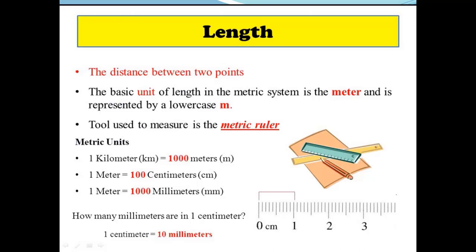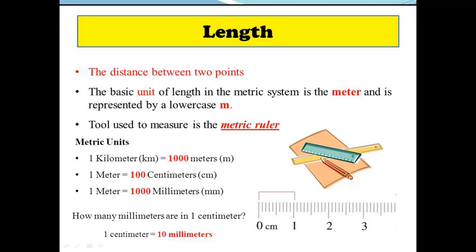Also you can see here the different units of length. The distance between 2 points, how we can find it out with the help of a particular measurement. The basic unit of length in the metric system is the meter and is represented by a lowercase m, where the tool used to measure is the metric ruler.